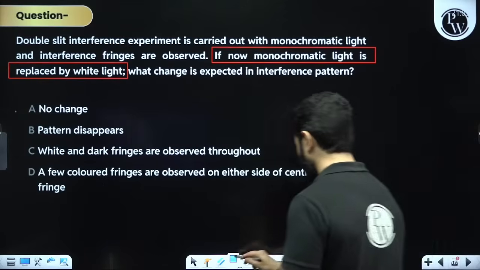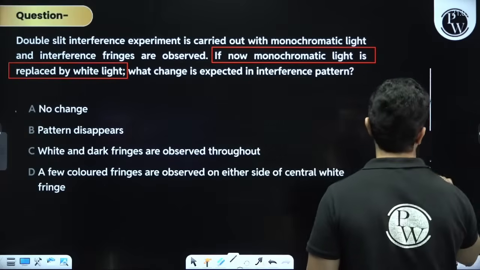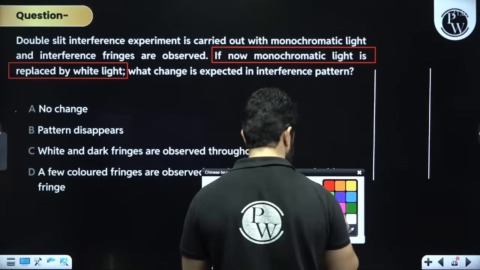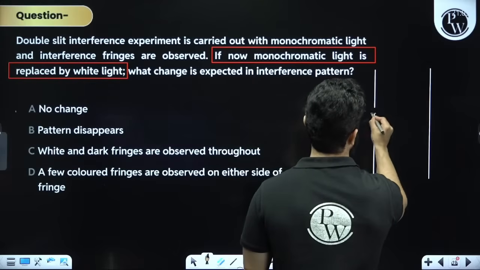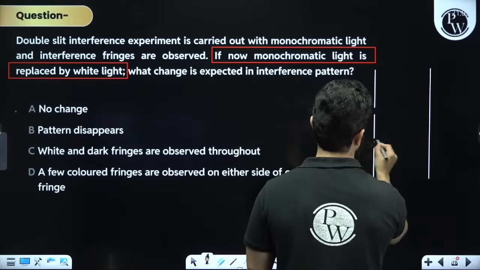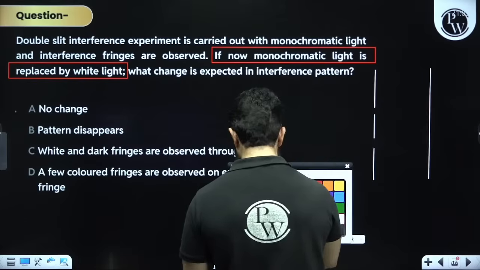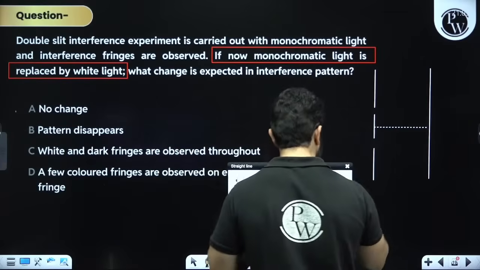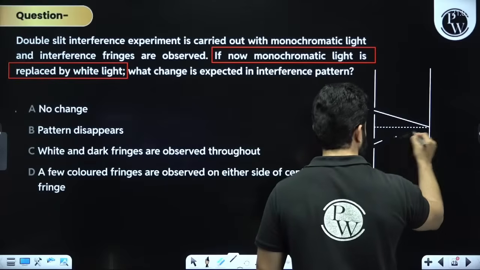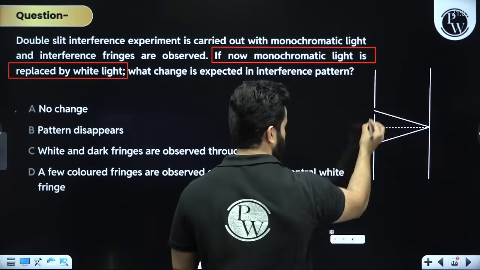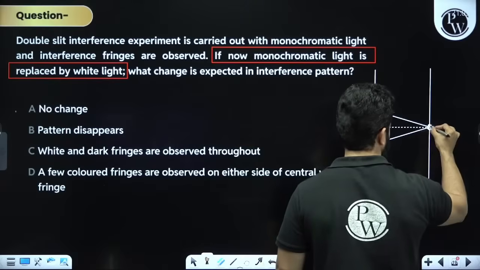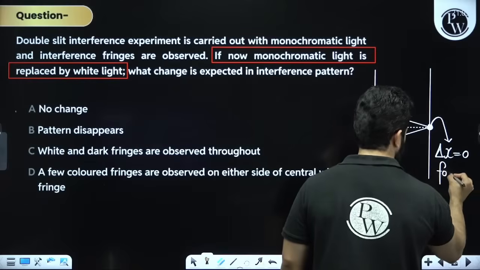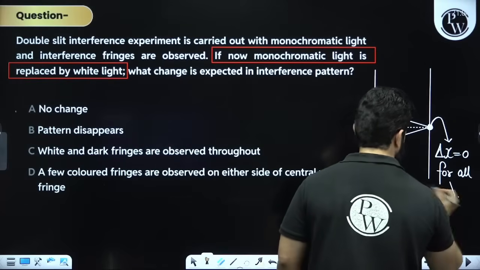What happens over here is that if you have got, let's suppose this is screen, and over here we have got two slits, this is where the central maxima will take place. At the central maxima, the path difference is 0 for all wavelength.